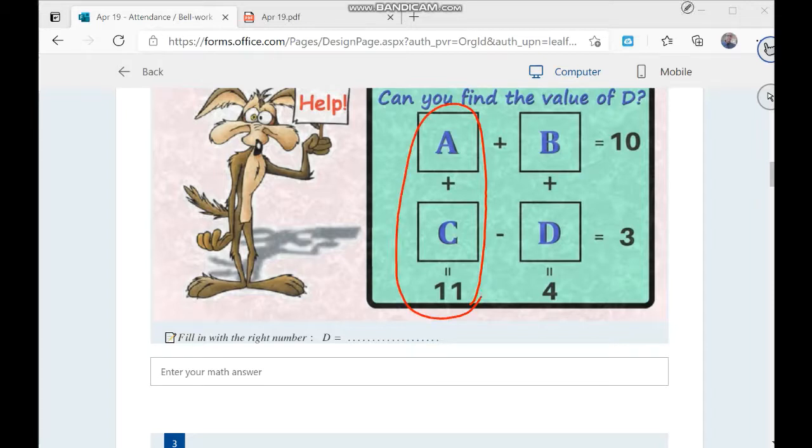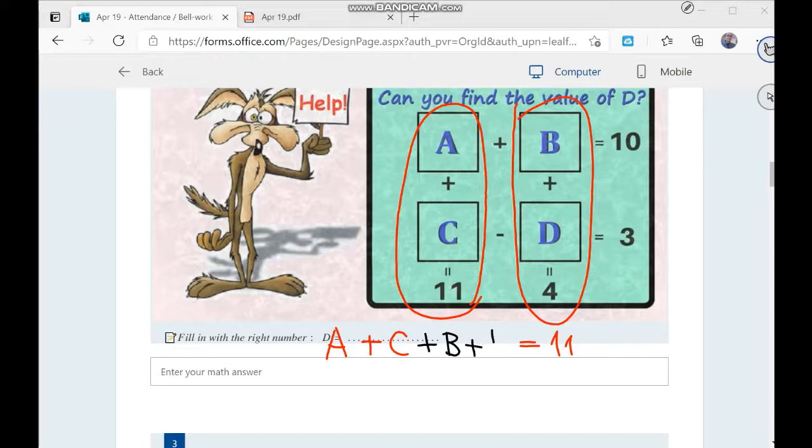I will add the vertical equations that we have. A plus C equals 11, and B plus D is 4. Okay, I'm going to add the vertical lines, and I will also add the horizontal lines.